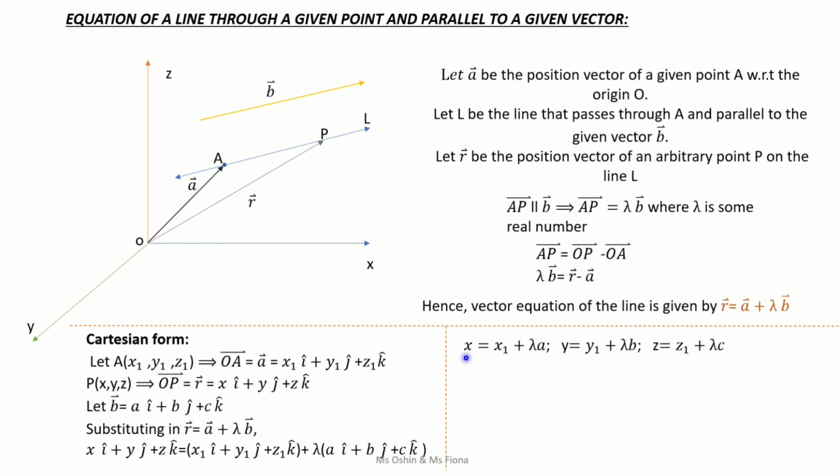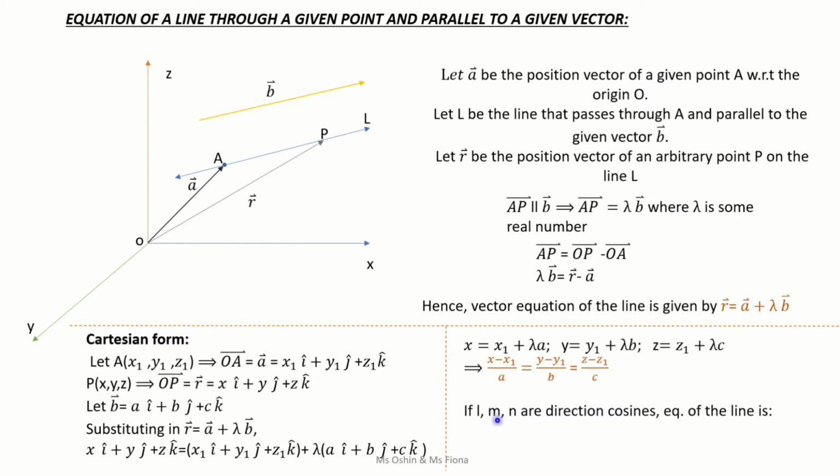Now we observe that x minus x1 divided by a is equal to lambda. y minus y1 divided by b is equal to lambda. And z minus z1 divided by c is equal to lambda. Now eliminating this lambda, we get x minus x1 by a equals y minus y1 by b is equal to z minus z1 by c, where a, b and c are the direction ratios of the parallel line.